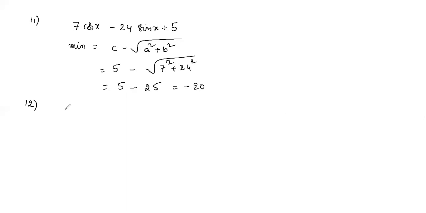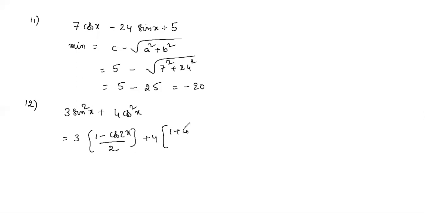Next, the fourth one, 3 sin square x plus 4 cos square x. We have to find the minimum value. You can do this one by many methods. One is you can write 3 into sin square x as 1 minus cos 2x by 2, plus 4 into cos square x as 1 plus cos 2x by 2.